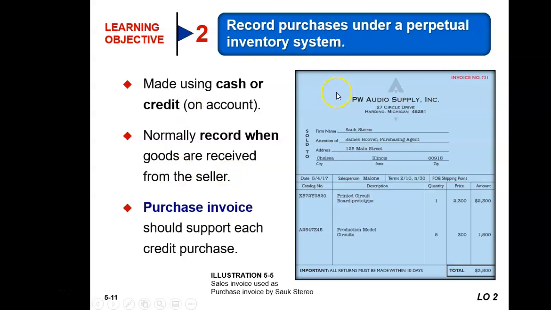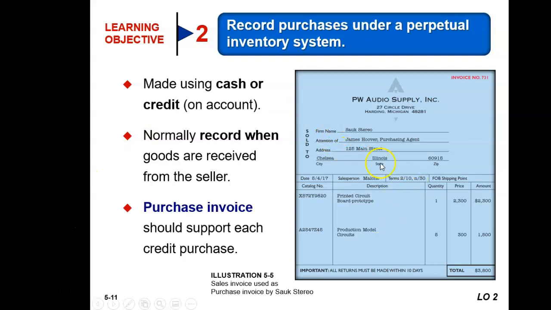Here we have an invoice, PW Auto Supply. They sold supplies to Sauk Stereo, I'm sorry, not Studio. And they gave them terms, 2/10, N/30. Remember that, 2/10, N/30. We'll discuss those terms a little bit later.